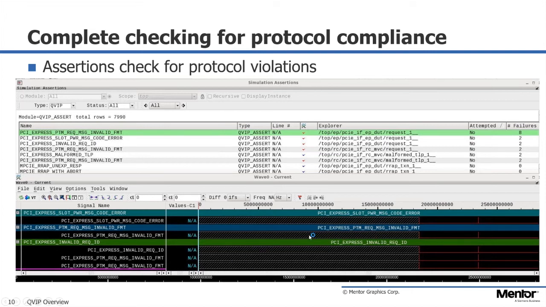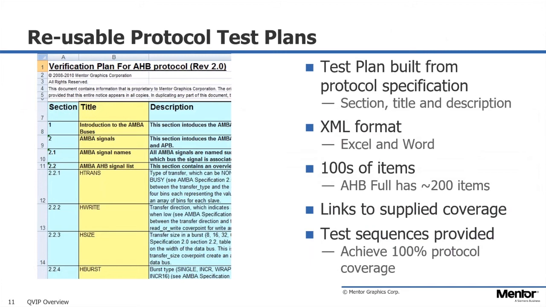You can drop all of those assertions into the wave window for debugging what was wrong with it. When you drop an assertion into the wave window, that automatically drops all the signals involved with that assertion. So you'll get the bit level debugging as well as the transaction level debugging along with that.